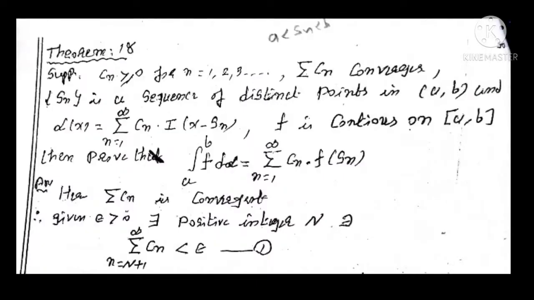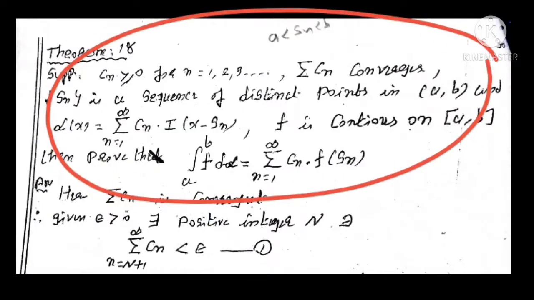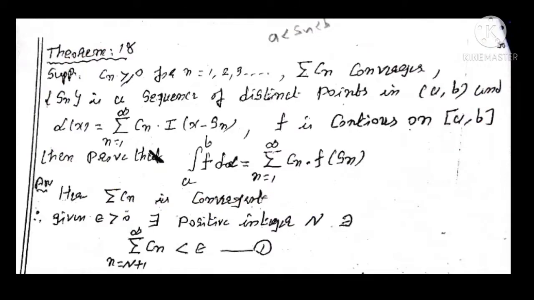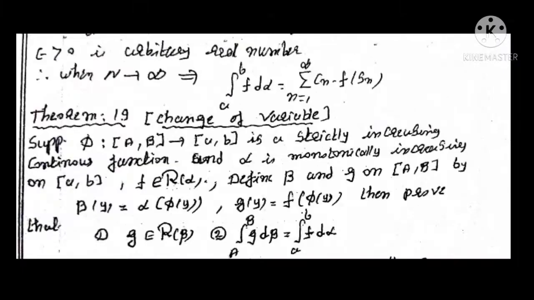Now next, change of variable. Suppose phi from the closed interval [A, B] to the closed interval [A, B] is a strictly increasing continuous function and alpha is monotonically increasing on the closed interval [A, B].